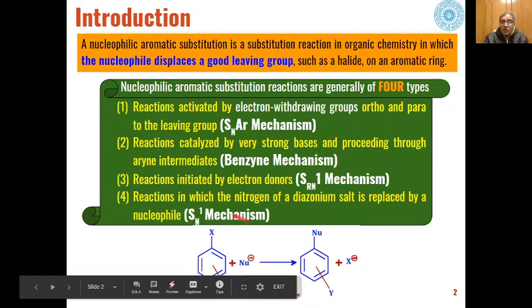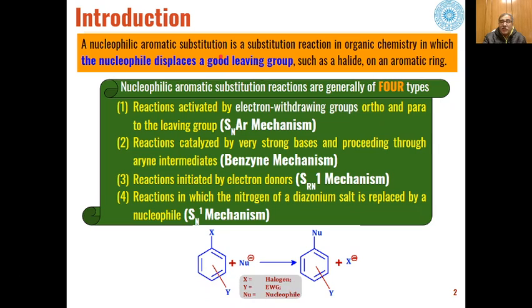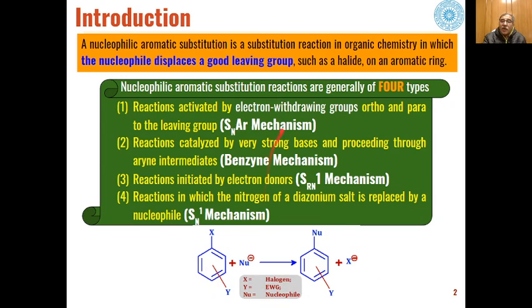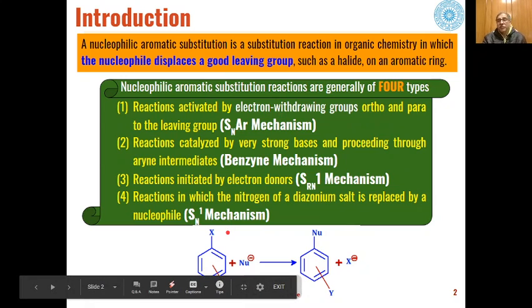So overall, if we say the reaction is of such aryl compounds where X is some halogen and Y is generally an electron withdrawing group, when they are reacted with some nucleophile, then X is substituted by the nucleophile, and these types of reactions are called nucleophilic aromatic substitution, and these conversions may follow any of these mechanisms.